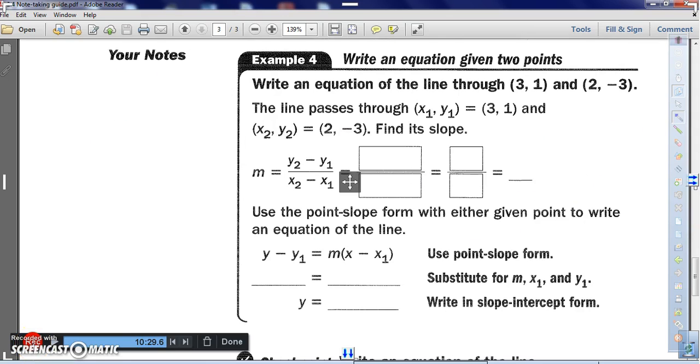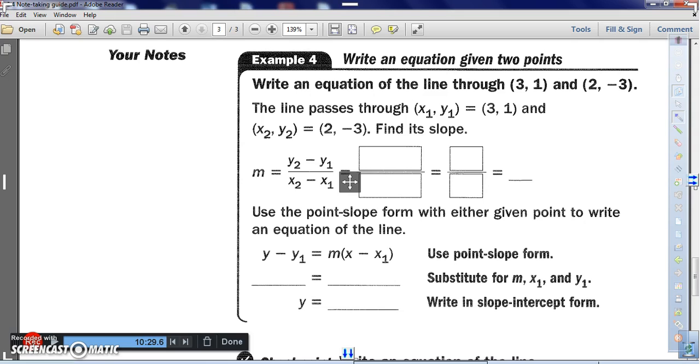Lastly, we're going to look at example 4. In this problem, we're going to write an equation of a line that goes through 2 points. Now the 2 points are the point 3, 1 and 2, negative 3. The first thing I need to do in this situation is find the slope of these 2 points.